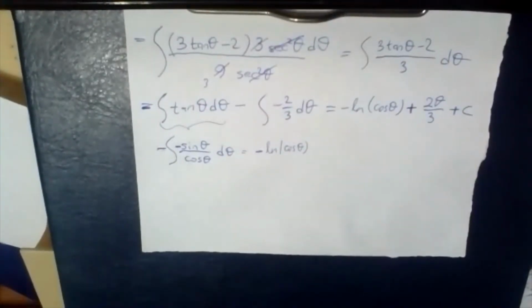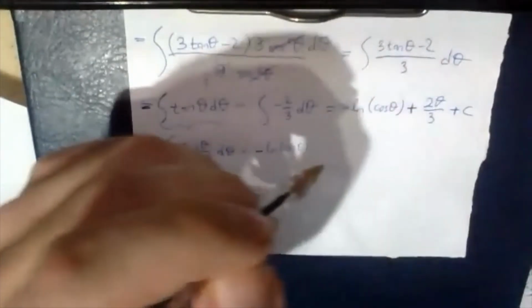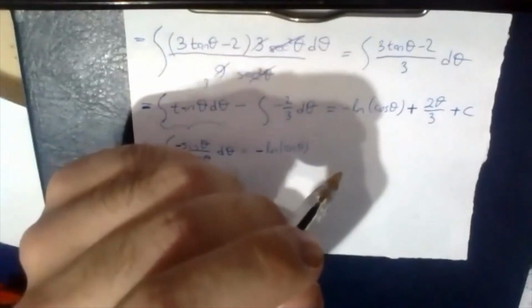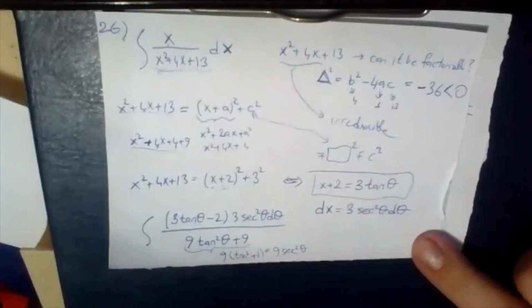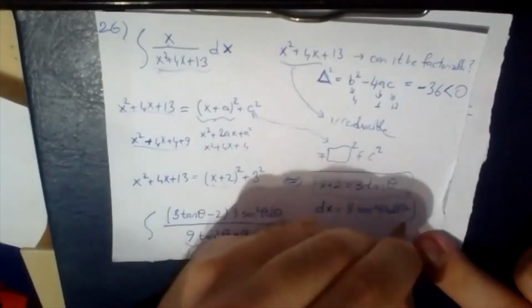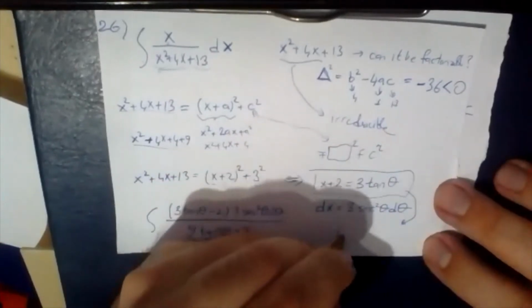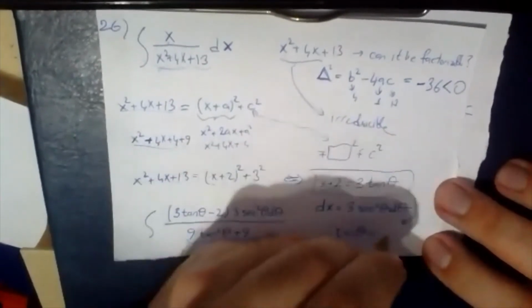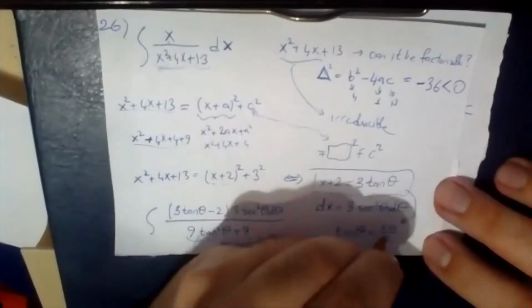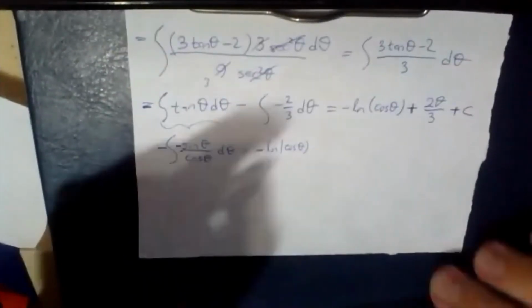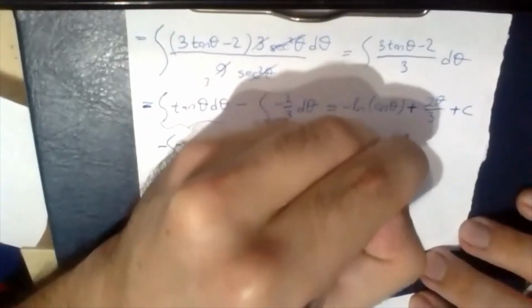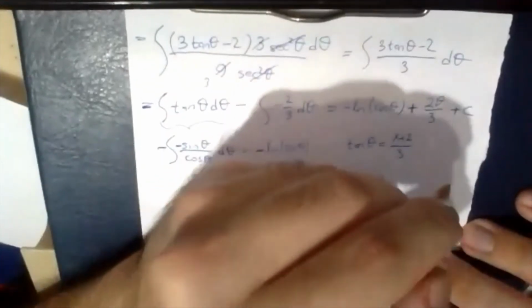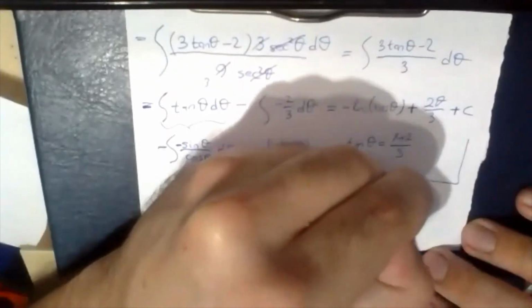But the answer is in terms of theta, and we need to go back to x again. What was our substitution? We had said x plus 2 is equal to 3 times tangent theta. If we divide every part by 3, we can find tangent theta is equal to (x plus 2) over 3. If tangent theta is equal to (x plus 2) over 3, then we can draw a triangle.